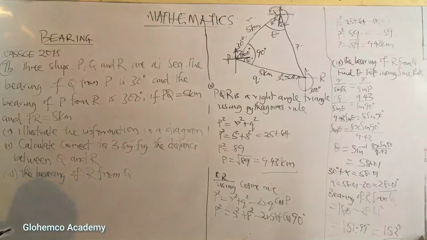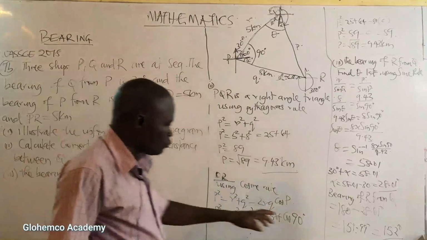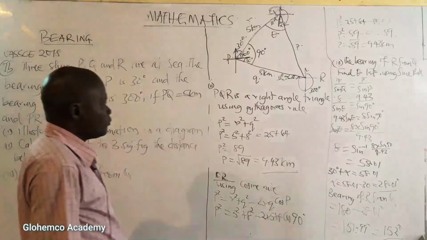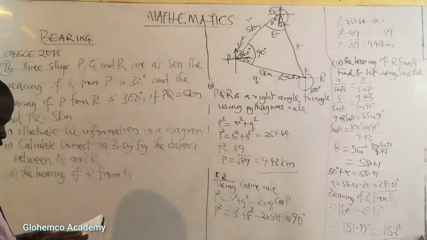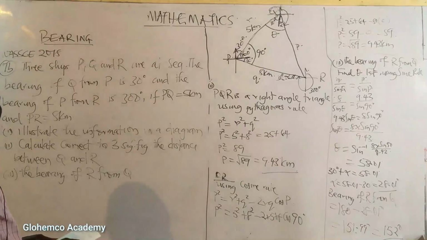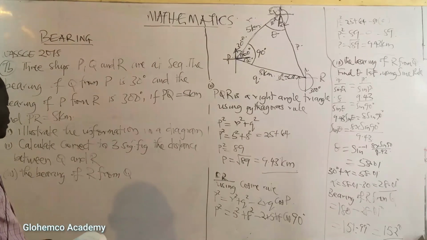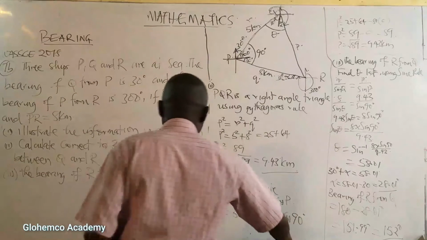So the bearing of R from Q will be equal to 152 degrees. So that is question number 7B, year 2018, as far as it is concerned.